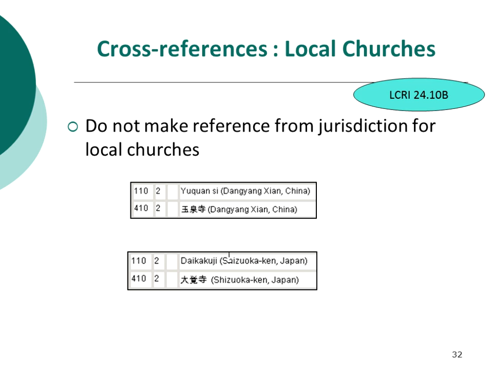But you may see such references when you do maintenance work, or when you are checking the files, or when you are setting up your own local church names. Those references are incorrect, and I would say obsolete, because at one time they were allowed or instructed, but we are not providing cross-references from jurisdiction for local churches anymore.